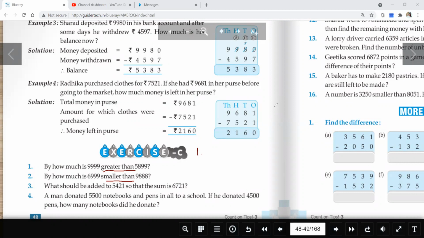So here we will write that 9,999 is greater than 5,899 by, here you have to find out.